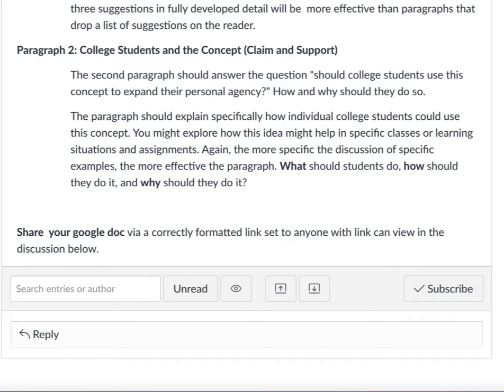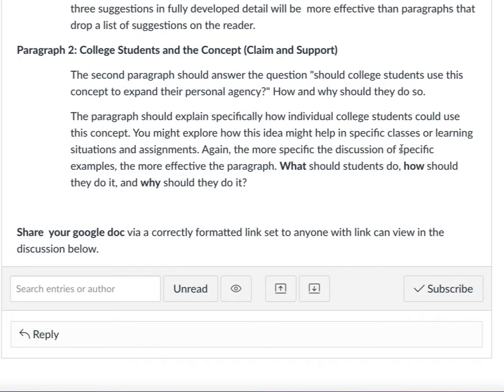So in the case of the sample paper, the driving force, the concept is resistant capital. So how could students use resistant capital to expand their agency? And we want to dig in specifically to how individual students doing that could expand their agency.